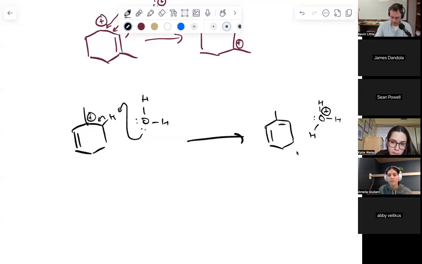You're showing that there is a bond being formed between this oxygen and this hydrogen, and that the electrons in the bond between this carbon and hydrogen have broken, and those electrons went to this double bond. So we should be able to clearly trace, hey, these garnet electrons ended up being these garnet electrons. These gold electrons ended up being these gold electrons.